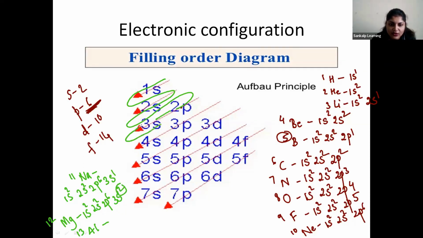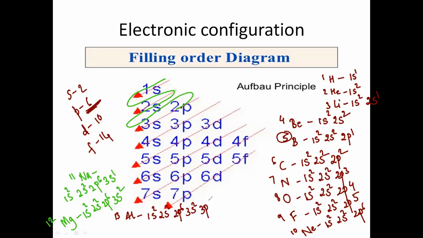Now which orbital will it go to? 3p. So aluminium is 13: 1s2, 2s2, 2p6, 3s2, and then 3p1.